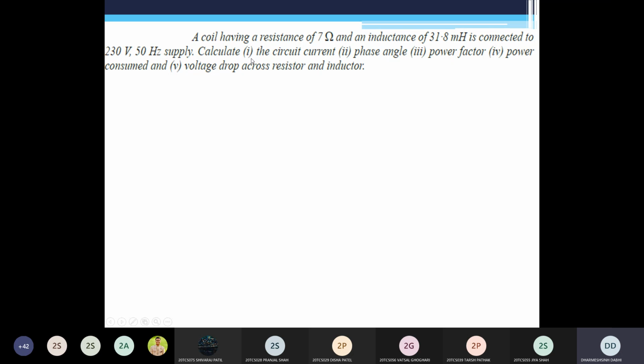Calculate: first, the circuit current; second, the phase angle; third, the power factor; fourth, the power consumed; fifth, the voltage drop across the resistor and inductor. All of you, first write down the given data of the circuit.